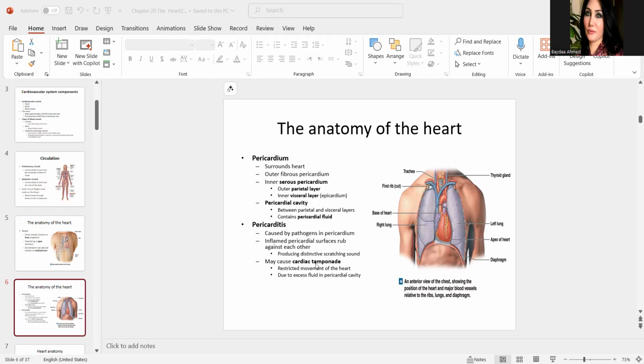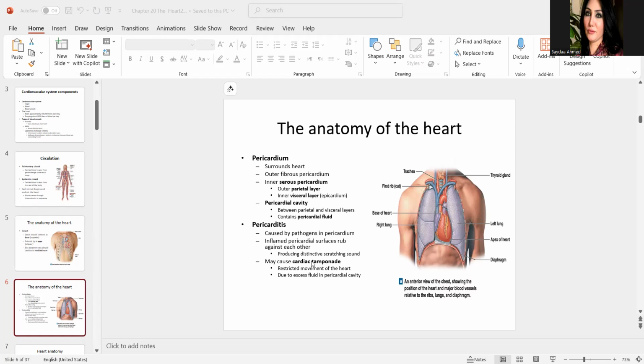The potential fluid-filled space between these two serous layers is the pericardial cavity, which contains 15 to 50 ml of pericardial fluid secreted by the pericardial membrane. This fluid acts as a lubricant, reducing friction between the opposing visceral and parietal surfaces as the heart beats.